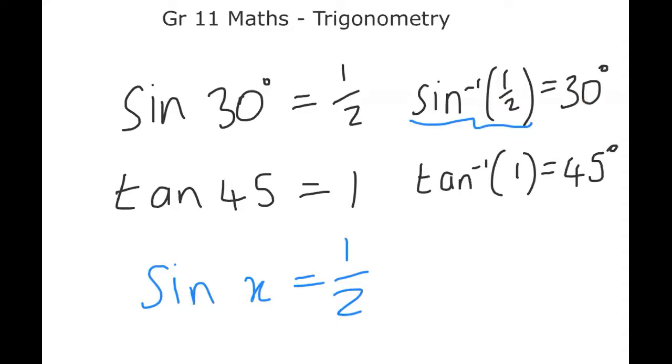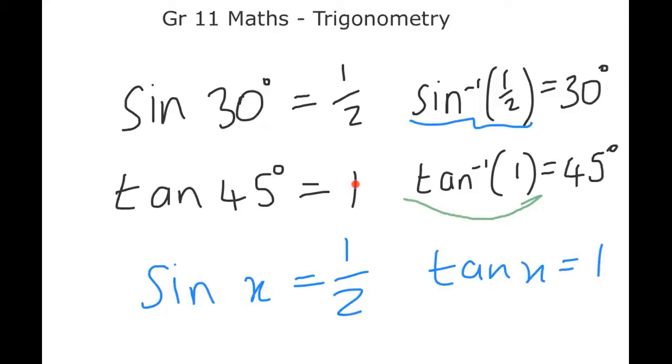Or if you have tan of x equal 1, and we have to work out the angle x, then you do it on the calculator like this, and you get the inverse of tan equal 45 degrees. So this here is always the angle, the 30 degrees or the 45 degrees, and here you'll get the answer will be an integer.